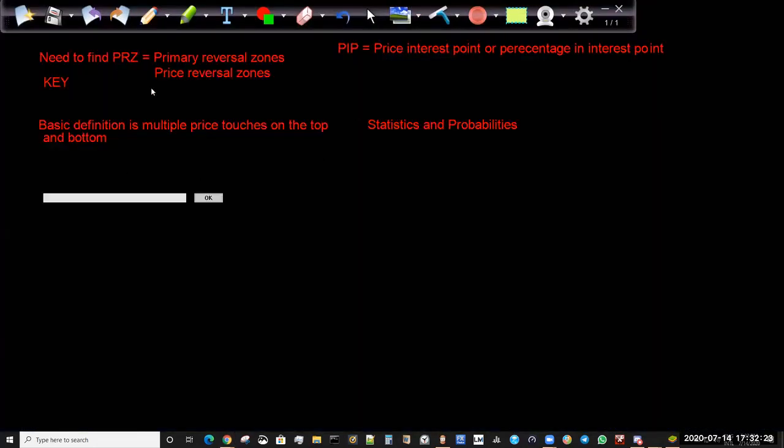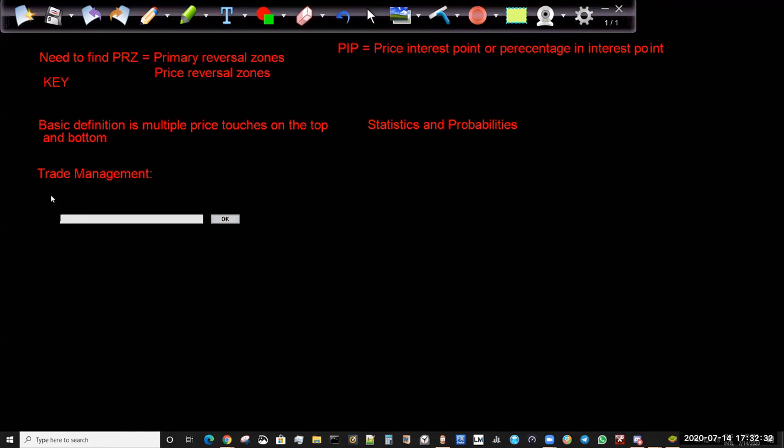So, trade management, right? In trade management, you have three things. One, you have equity management. You have risk management. And you have profit regulation.